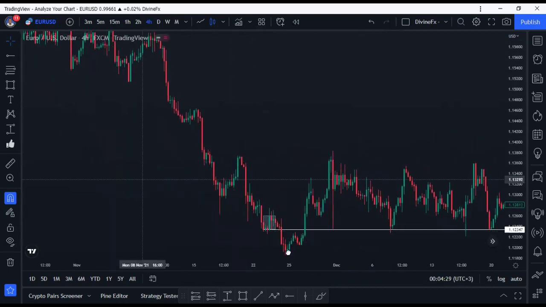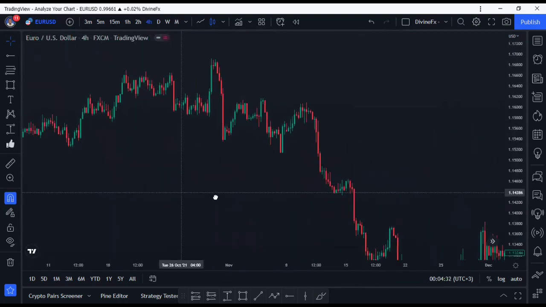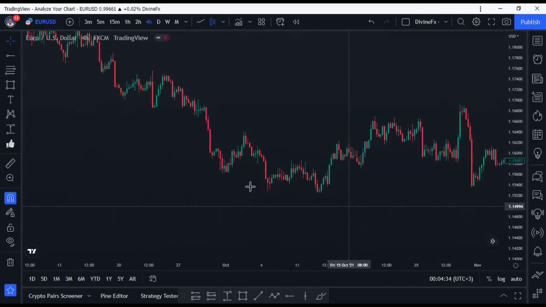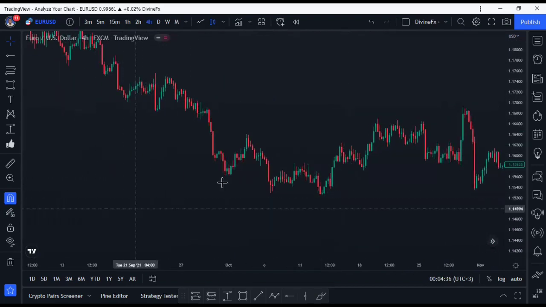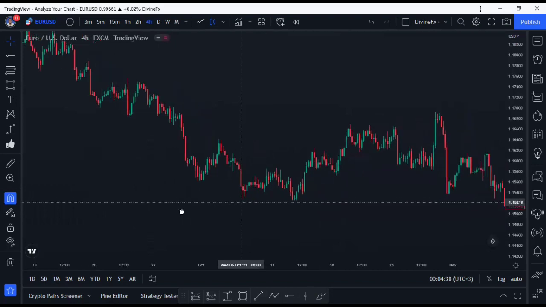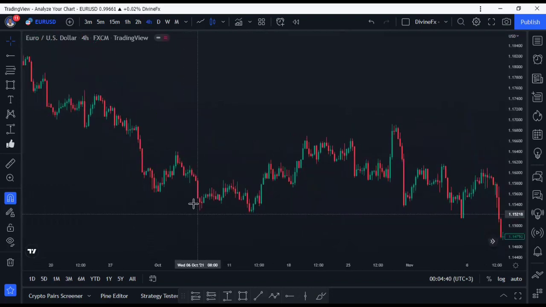Let's see another example of this invalidation level. Even this invalidation point, price has come and reacted to it.